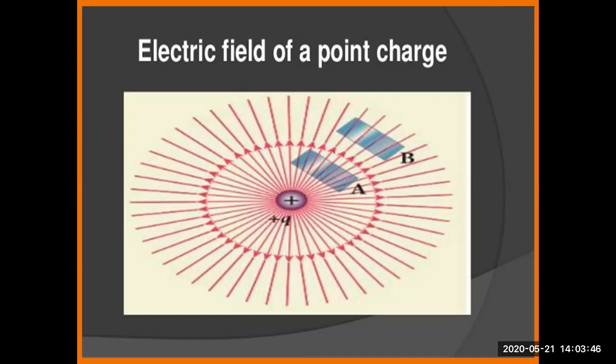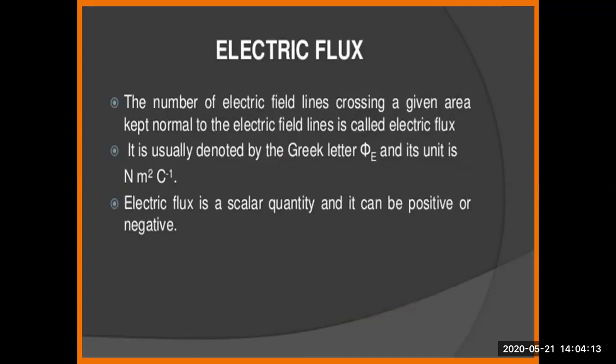When these perpendicular areas are put across the electric field lines, we can get the effect of all these. But this is now in all dimensions. Q is the center of this field, and the electric field lines are spreading in each and every direction.